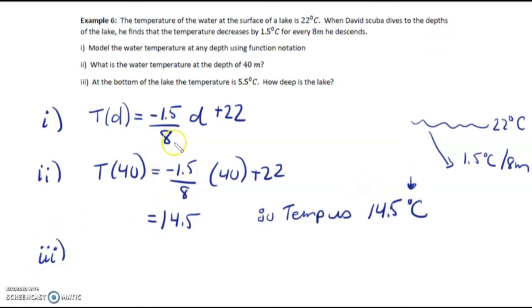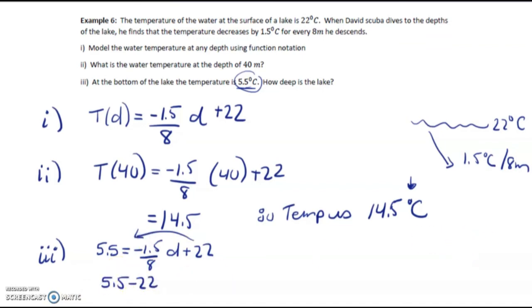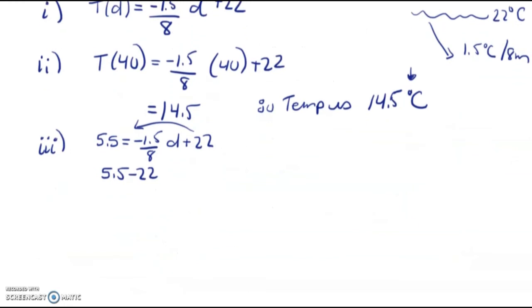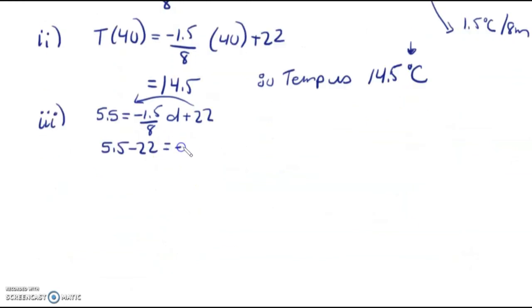And number 3, at the bottom of the lake, the temperature is 5.5. How deep is the lake? We haven't actually seen this type of question yet. The 5.5 we'd actually sub in where the temperature is, and then we would be solving for D. So let's bring the 22 over: 5.5 minus 22 equals negative 1.5 D over 8.